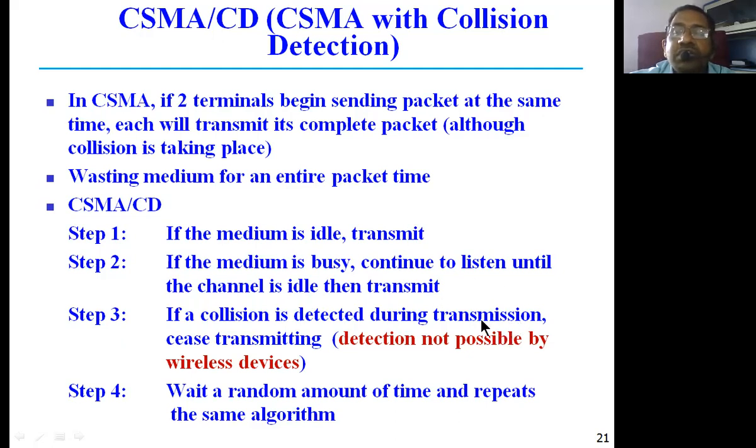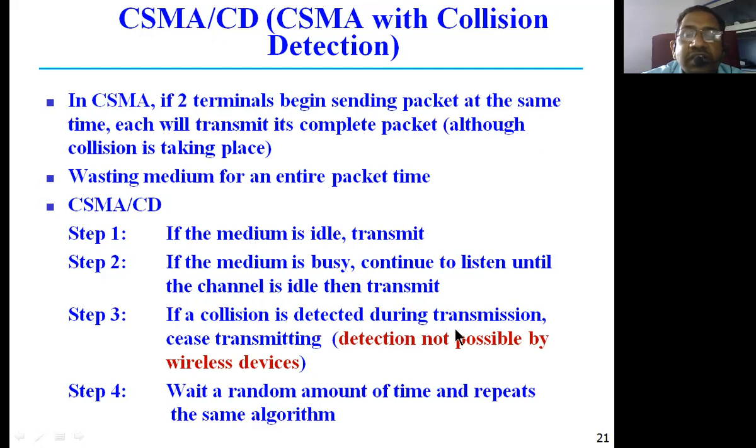After the collision happens, the mobile stations receive the information that a collision took place. Once they receive the information, they simply stop. They cease the transmissions. Detection is not possible by the wireless devices.